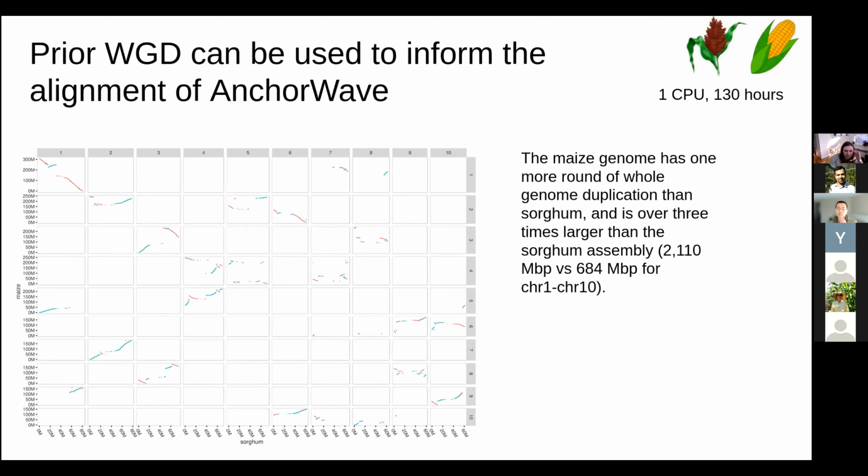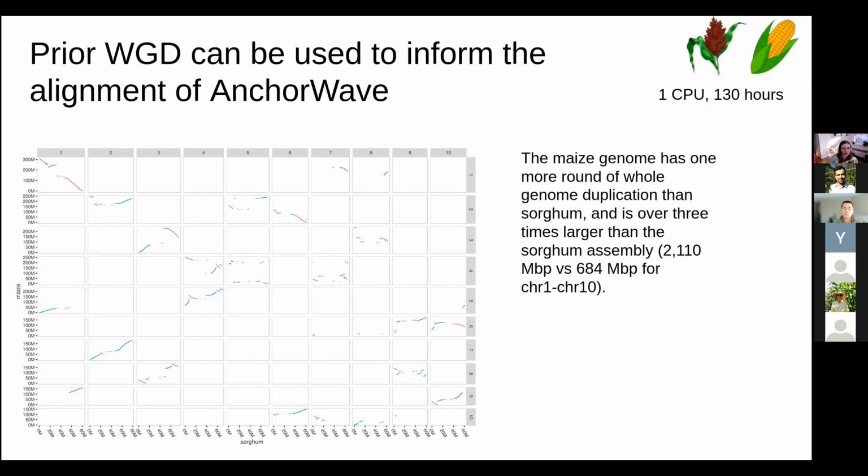Like Baoxing mentioned before, the sorghum genome and maize genome differ by a whole genome duplication, where after divergence of the sorghum lineage from the maize lineage, maize was formed by an allopolyploidy event, bringing together two semi-divergent genomes into one.